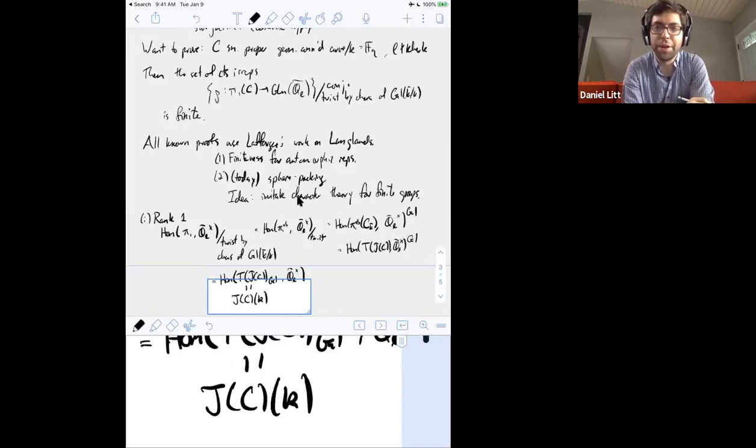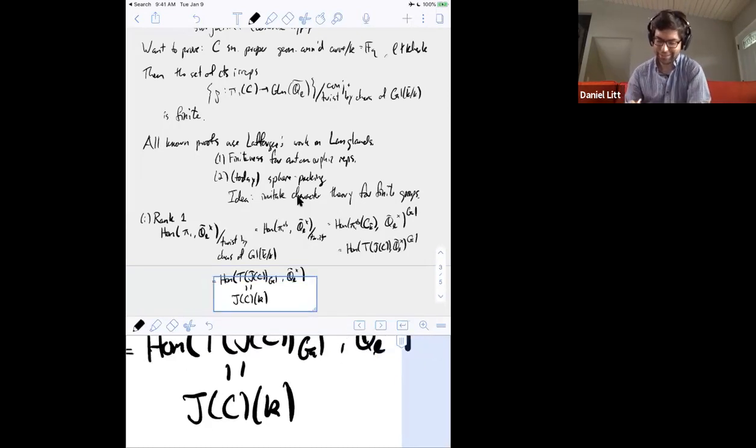So, okay, can anyone tell me, are we done? What do we know about the set of rational points of the Jacobian of a curve over a finite field? Yeah, it's finite.